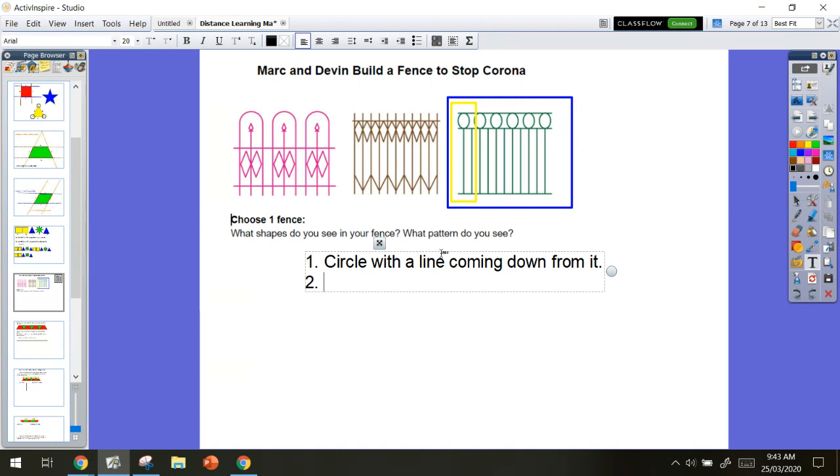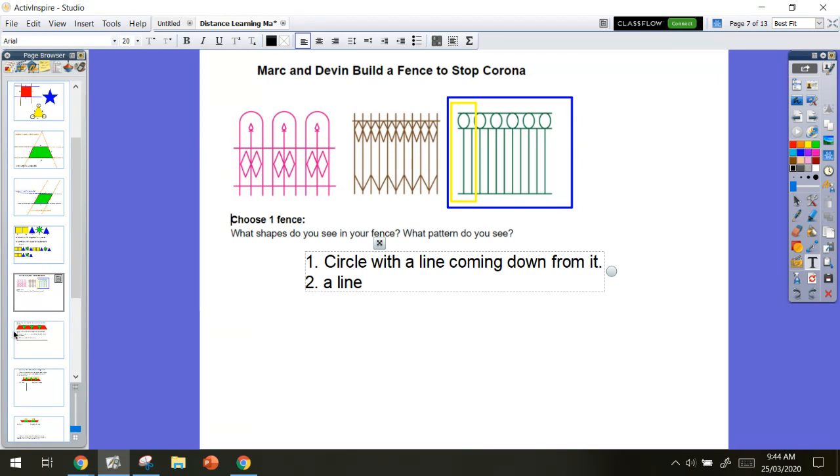The circle with the line coming down, and then what's the second part? Yeah, a line. And then it repeats over and over again.